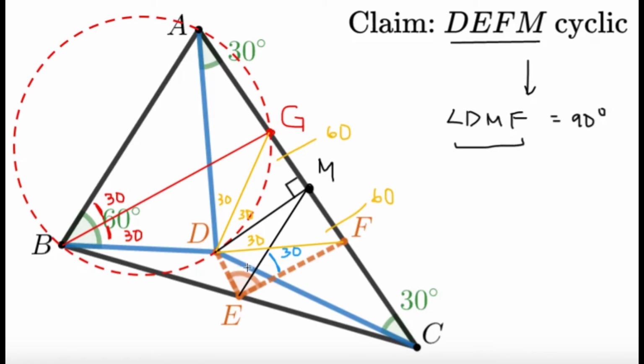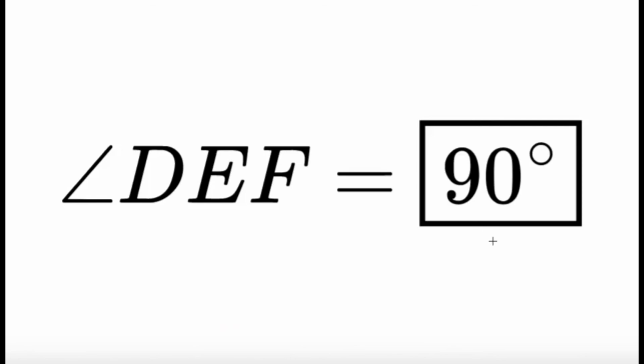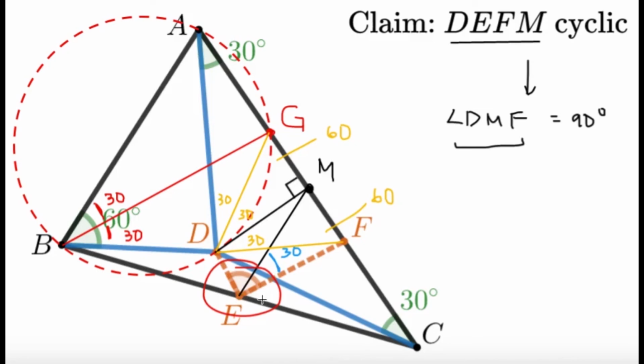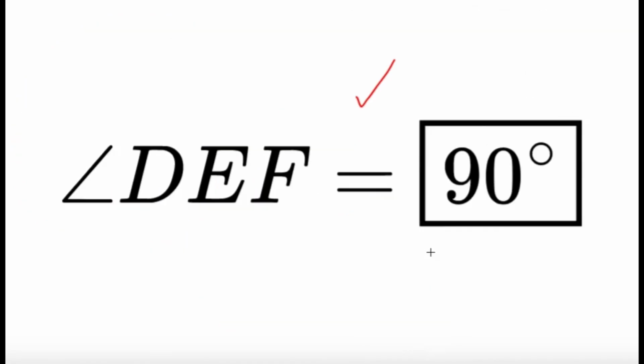It's this angle that we want, angle DEF. So, since angle DMF is 90 degrees, angle DEF must also be 90 degrees because 90 has a supplement of 90 degrees as well. So there we have it. Angle DEF is equal to 90 degrees. So, in fact, DE is going to be perpendicular to EF in this case. There we have it. So 90 degrees is our final answer.